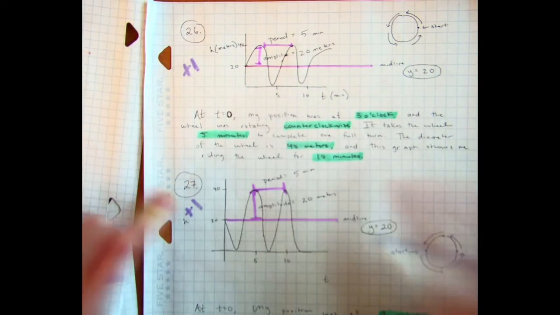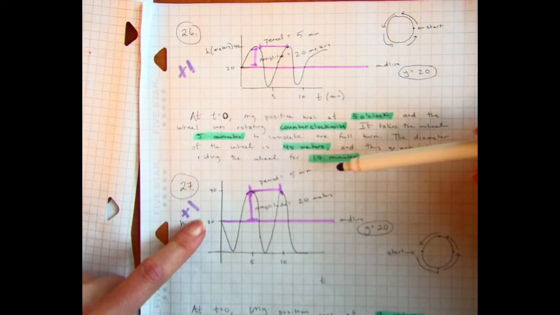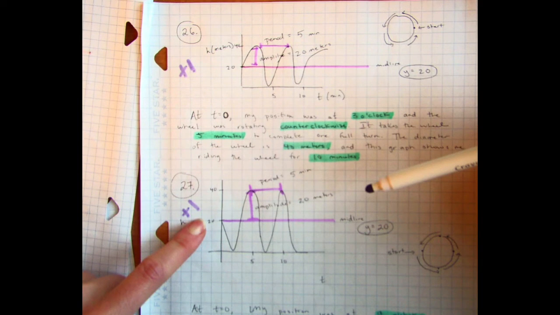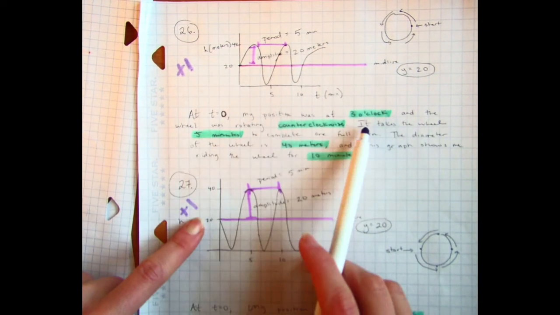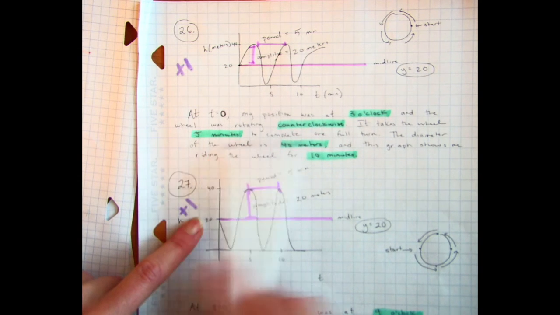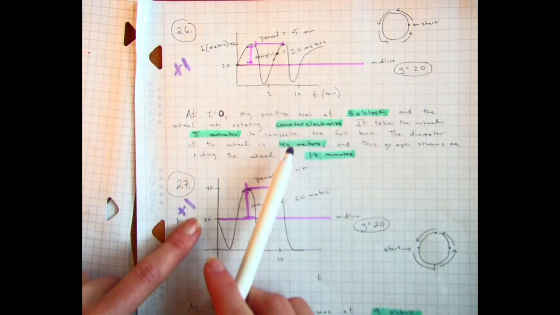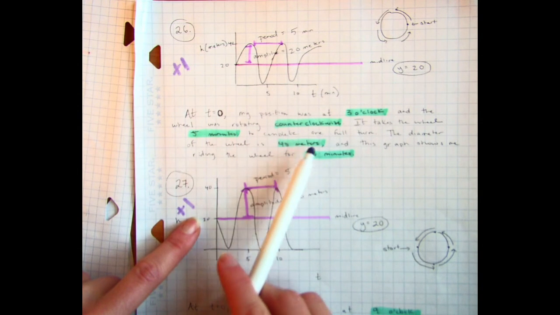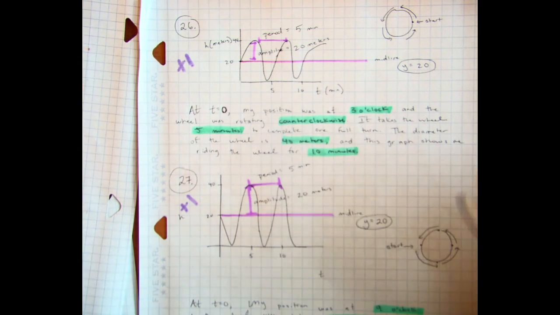Say your partner is good on saying that the position's at 3 o'clock and the wheel is counterclockwise, but then they don't include the fact that it takes the wheel 5 minutes to complete a full rotation, or they don't include the diameter being 40. That would be a situation where they could get half of a point for this problem. But if they have all this information, they get the full point.